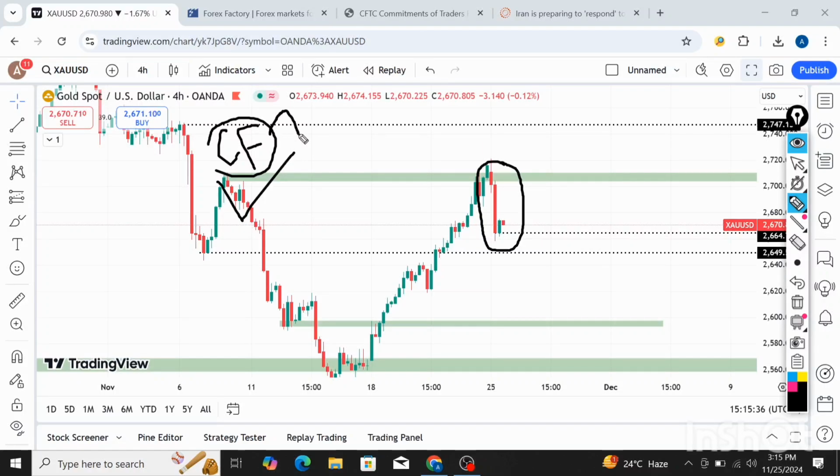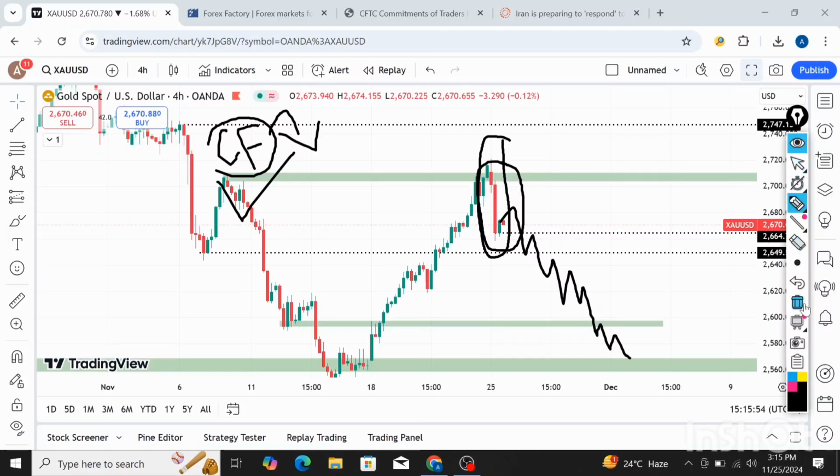If this ceasefire actually happens, then you can see gold tumbling more. So this was the news which caused a little profit taking move on gold. That's it, there's nothing more to this.